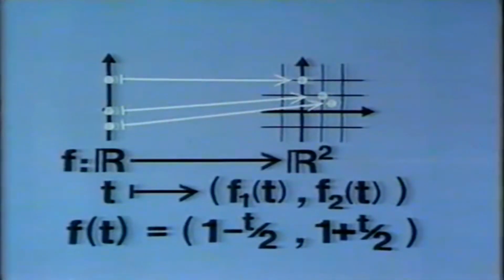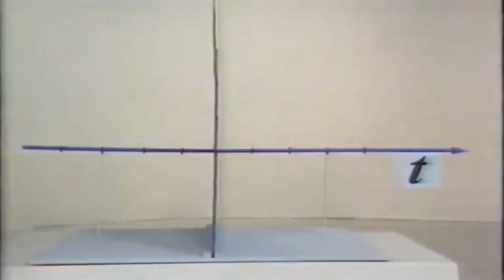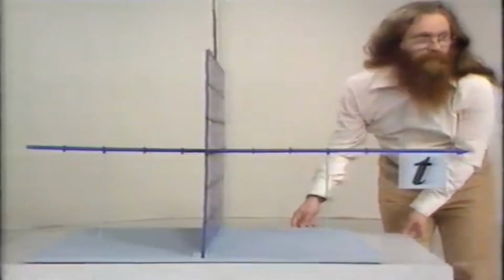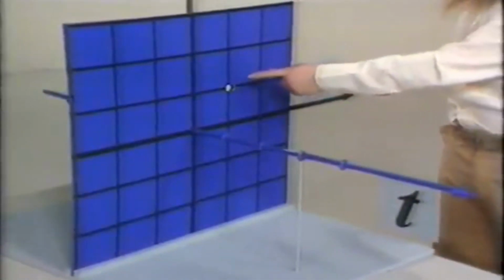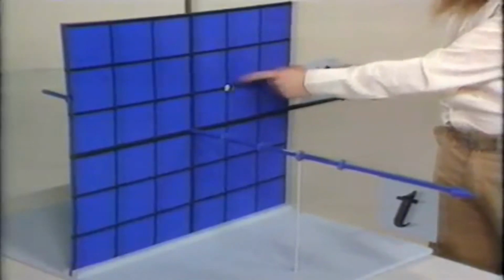Well, just like functions from R to R, we'll represent the domain along a horizontal axis with the codomain perpendicular to it. But this time, the codomain is a plane. Like this. I've marked on the plane the value of the function for t equals 0.